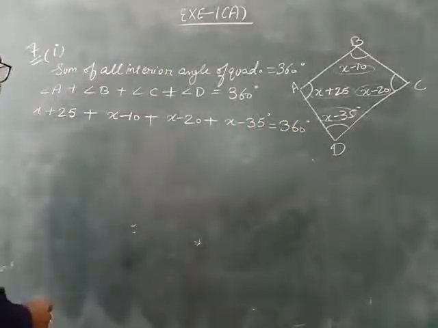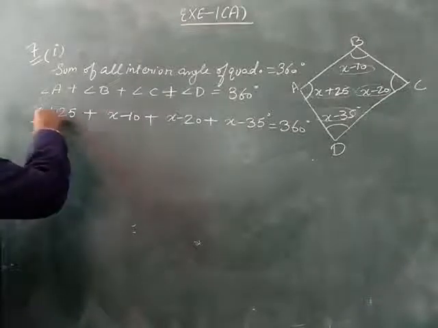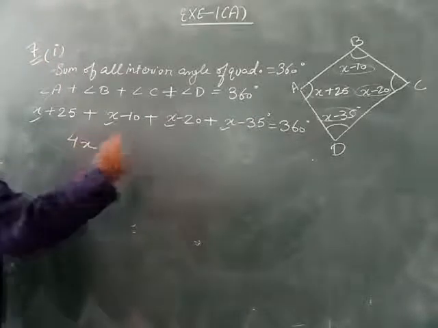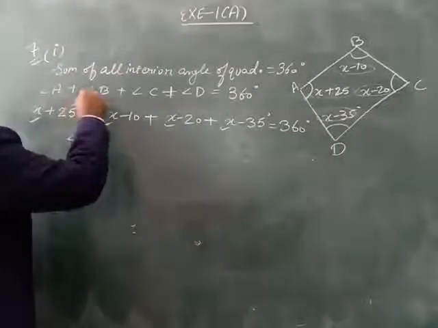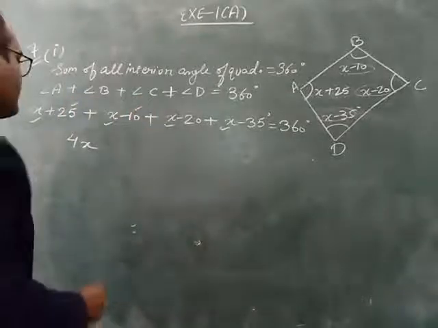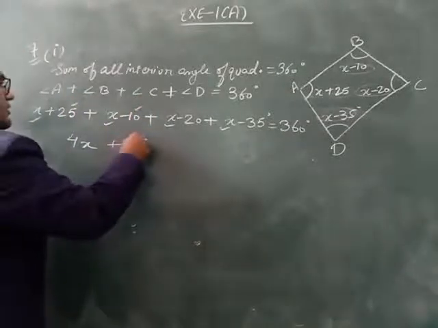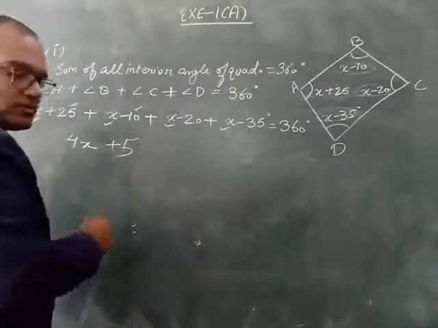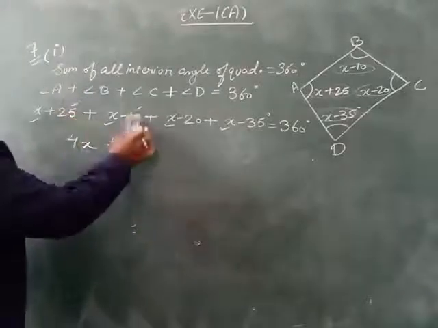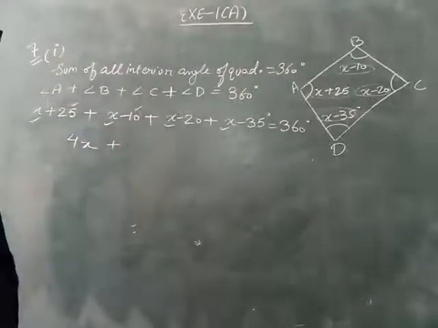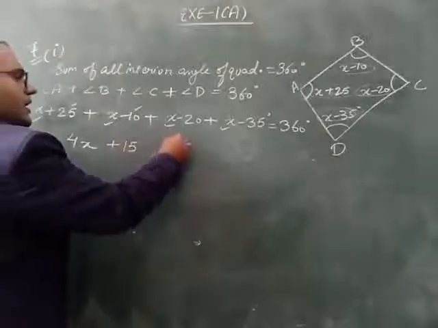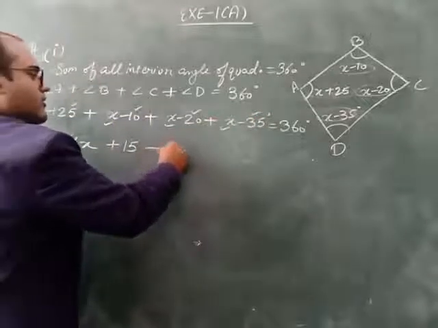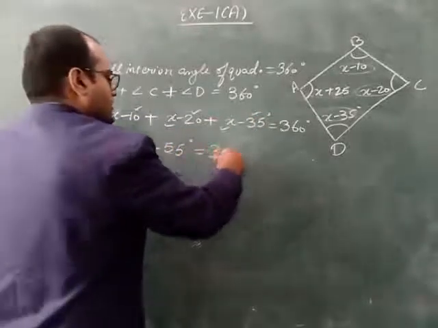Now we add these four terms together: 4x, then 25 minus 10, we get plus 15, then minus 20 and minus 35 we get minus 55, is equal to 360.